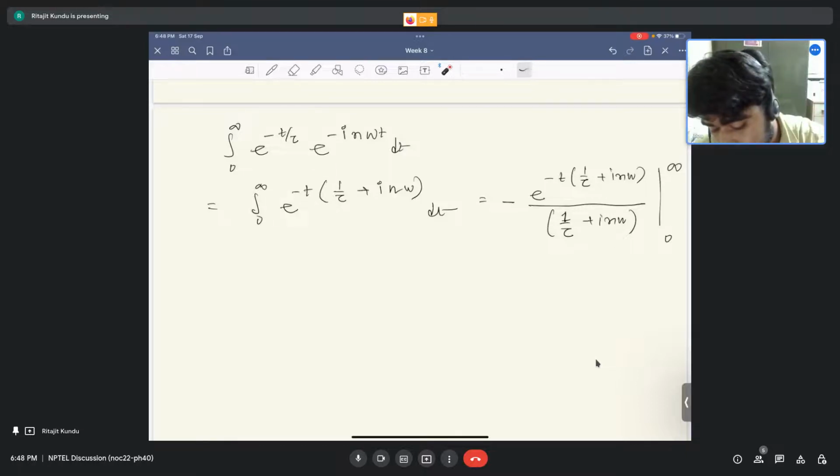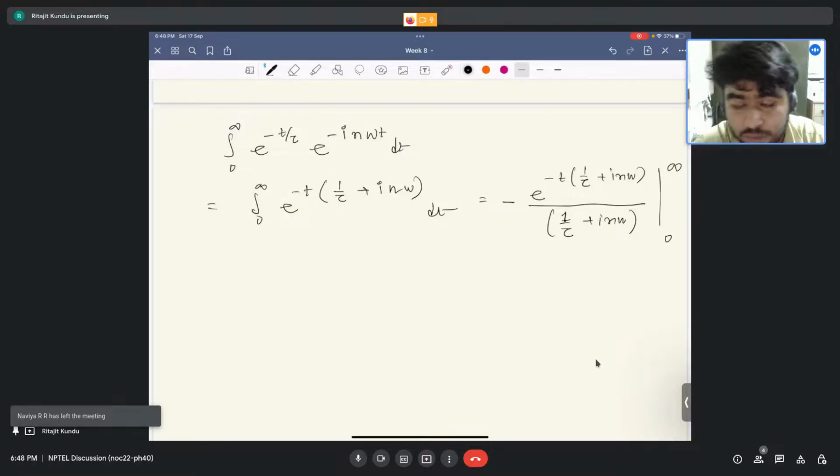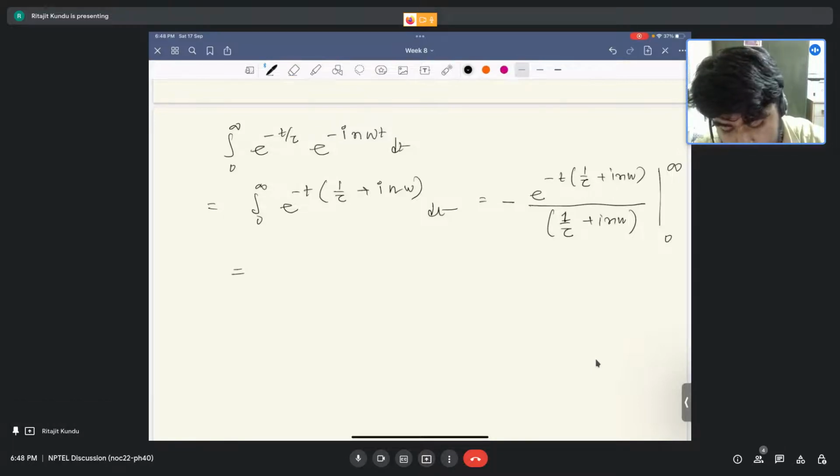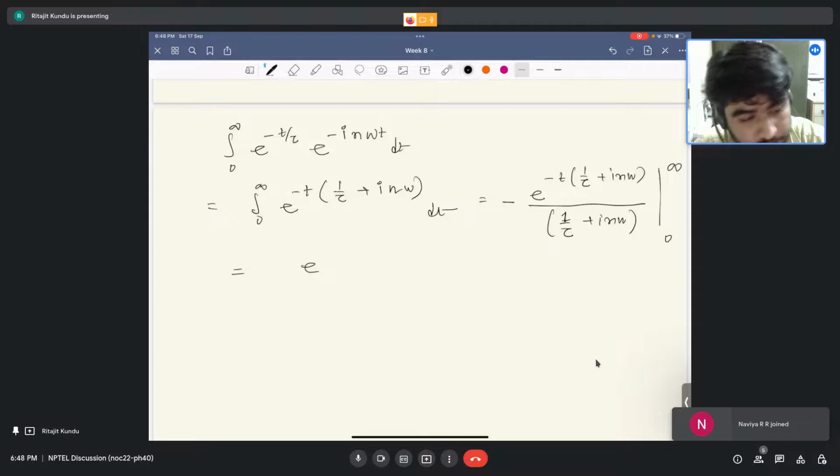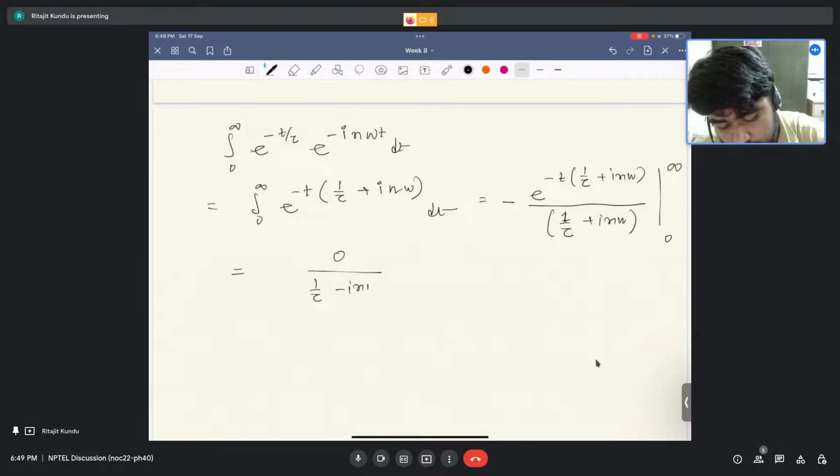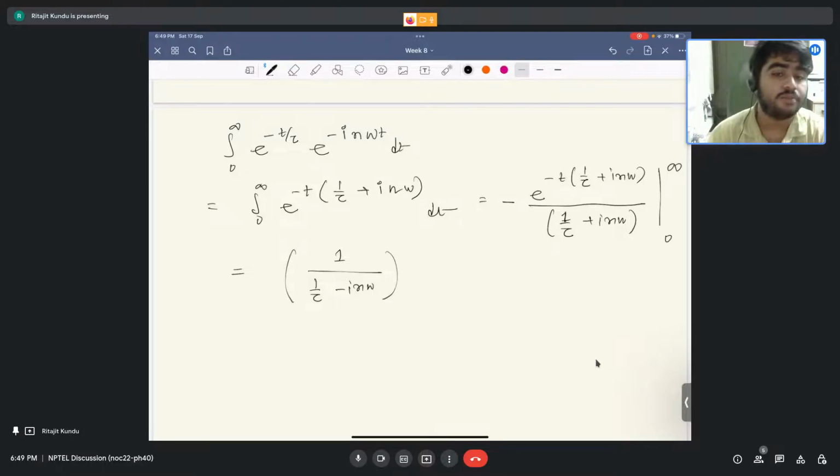Okay, so the only term which will remain is just the 0 term, which will be given by 1 by 1 by tau plus i n omega. Okay, so this is the result of the integration.